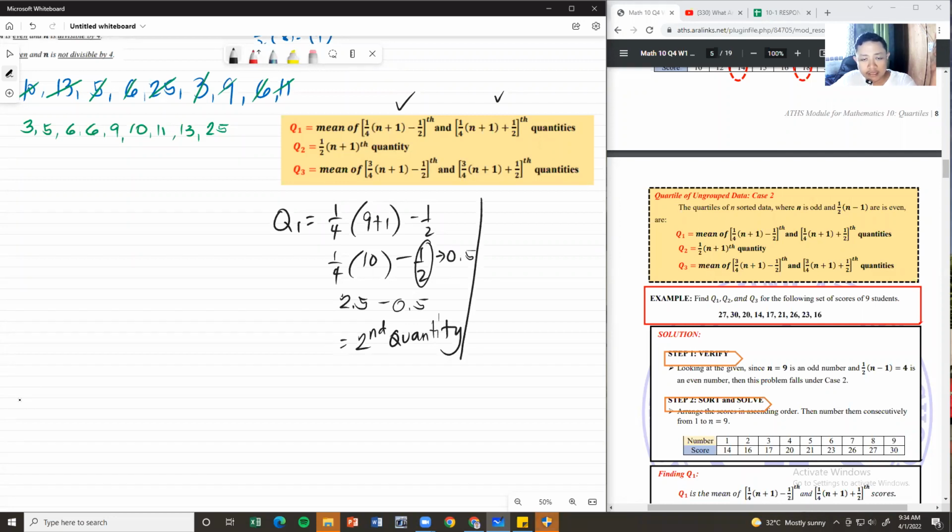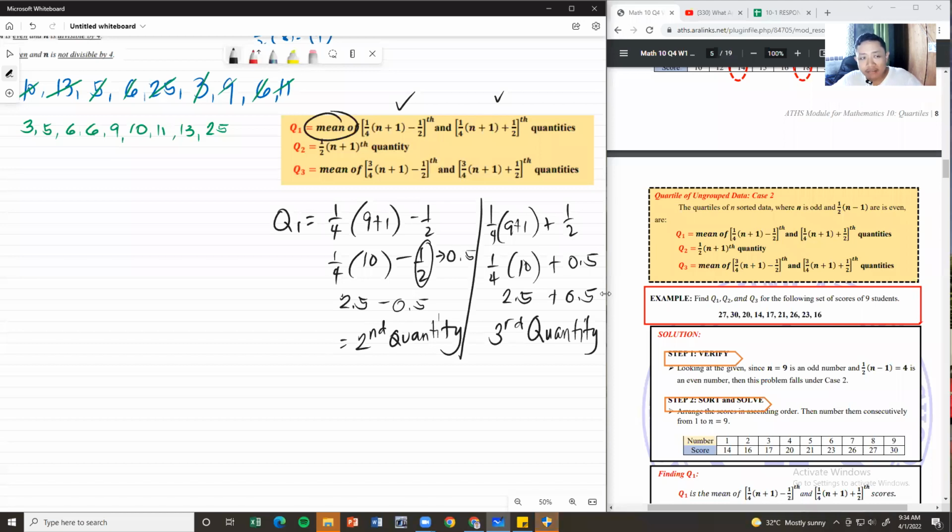Okay, and then let's get the other term, 1/4 times 9 plus 1 plus 1/2. We will have 1/4 of 10 plus 0.5, since that's 2.5. 2.5 plus 0.5 is equal to 3. So that's the third quantity. After that, we need to get the mean, meaning the average. Our second quantity is 5, and the third is 6.